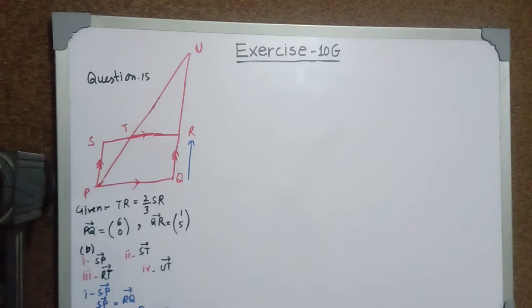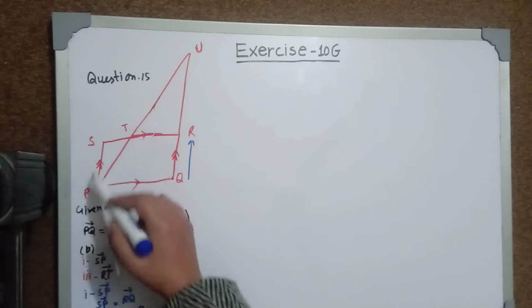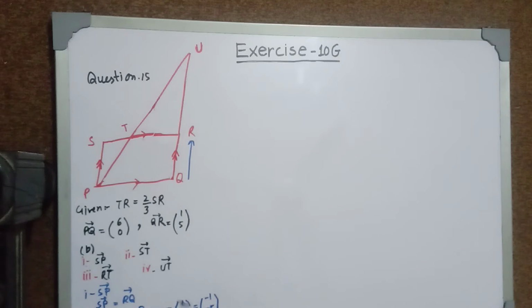So here it will be equal to minus (1, 5), that would be equal to (-1, -5), and that's the coordinates of SP. We just found the column vector of the side SP. So we're done with part 1.